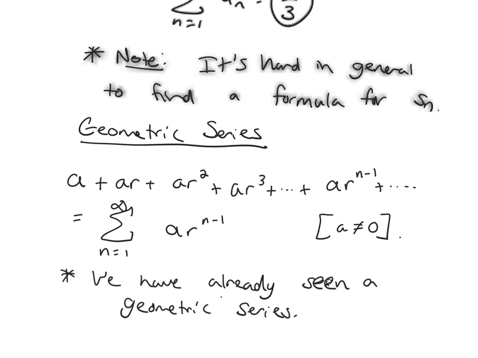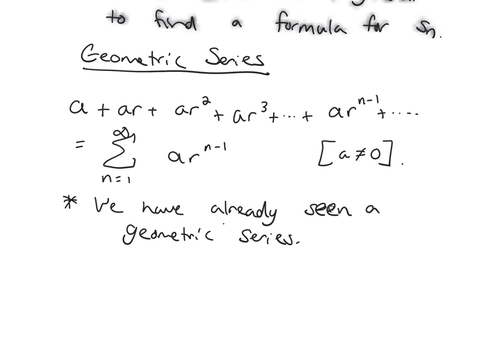That's a geometric series. What am I going to multiply by to get the next term? If I take 1/2, what do I multiply by to get 1/4? A 2 in the denominator, right? So I multiply by 1/2 to get 1/4. I take 1/4 and multiply by a half again to get an eighth. That's a geometric series. So you've actually already seen them. I just didn't tell you what they were. Okay? See example 2.